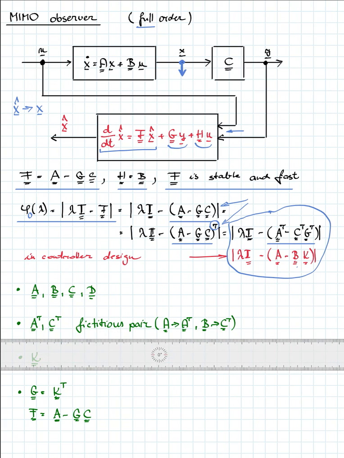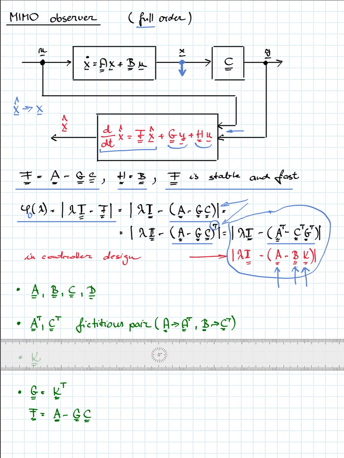So here we are going to use the transpose of A instead of A. In this place, we are going to use C transpose instead of B. And here we are going to use G transpose instead of K. But the system representation in the bracket is the same.